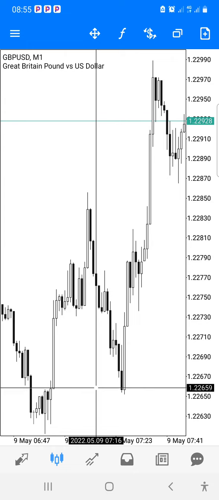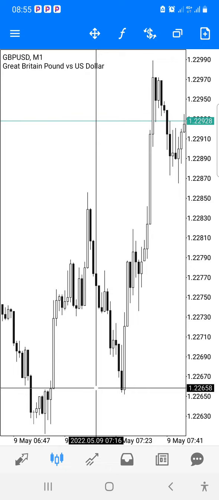A bull candle represents a bullish candle, where price is going up. The amount at which that candle closed is higher than the amount at which it opened.